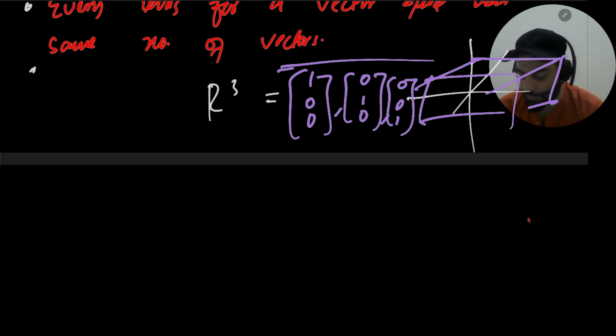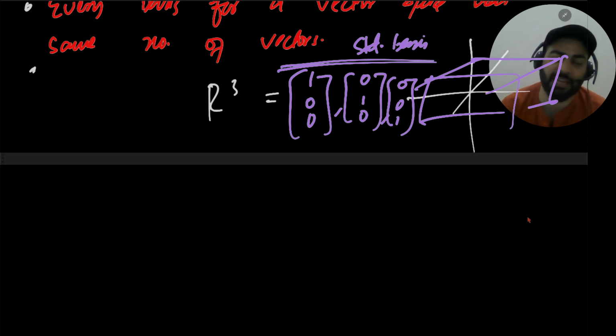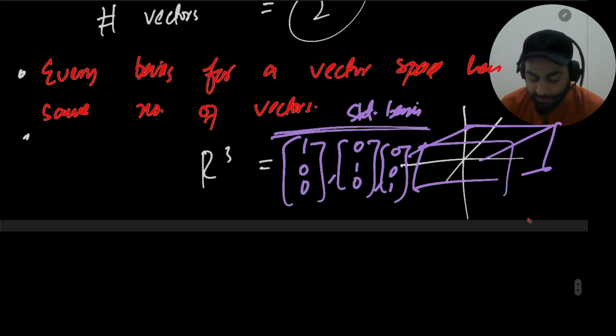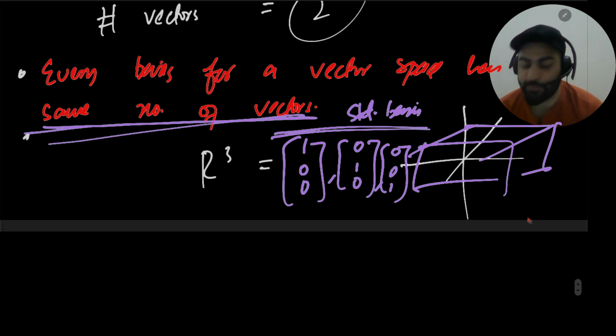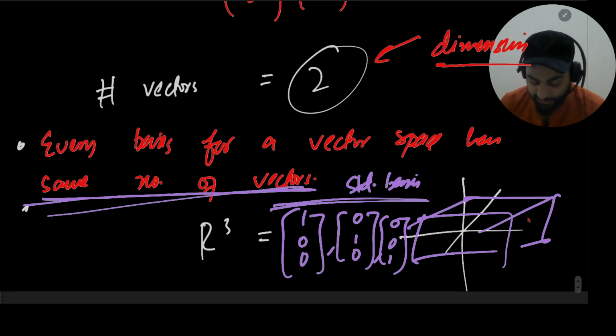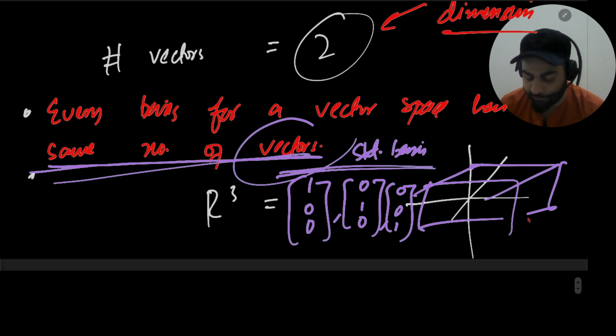These are our standard bases. There will be other candidates for bases, but the common thing is that there are the same number of vectors in each basis. Whatever basis you choose, there are the same number of vectors. That's how we define the dimension of the vector space: the number of vectors present in the basis.